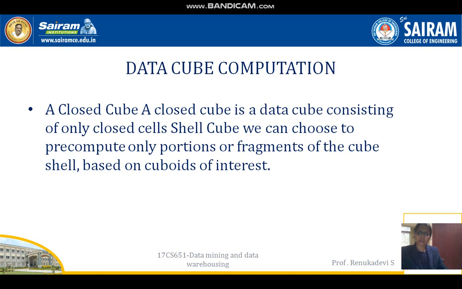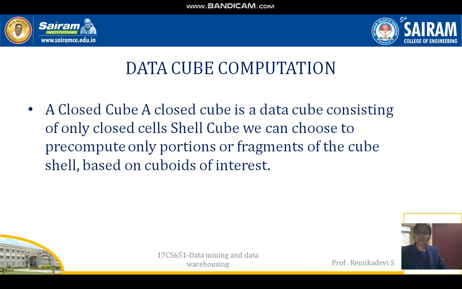These are the characteristics. Partial materialization divides dimensions into partitions and facilitates iceberg pruning. There is no simultaneous aggregation. In iceberg pruning, the process sorts data values and partitions them into blocks that fit in memory. Appropriate pruning applies to each block: if it does not satisfy the condition it is pruned, otherwise a recursive call takes place.